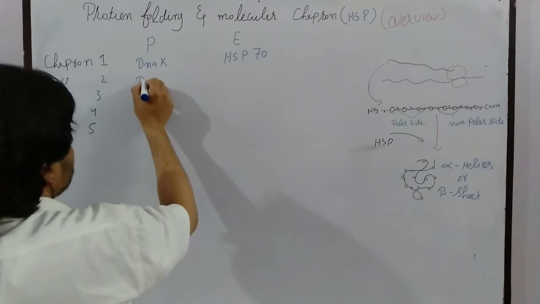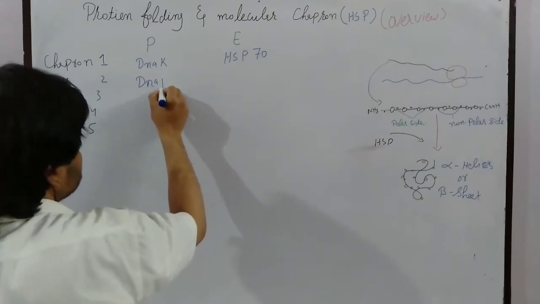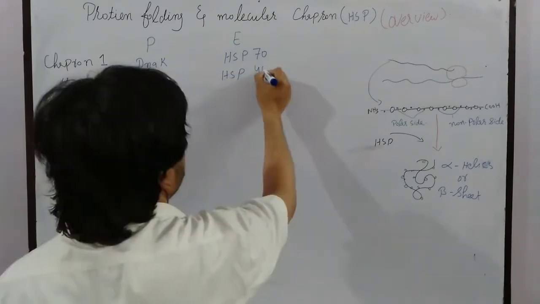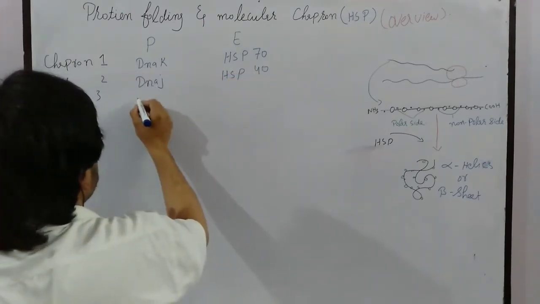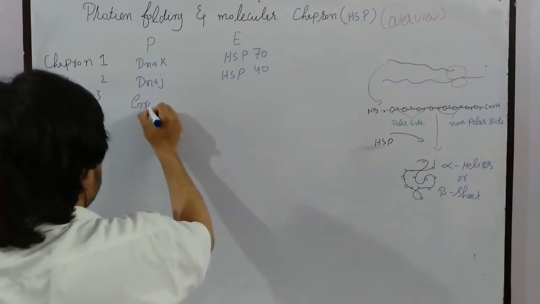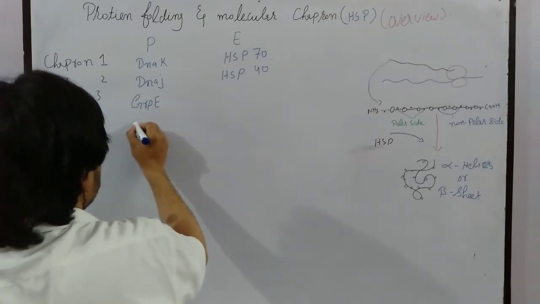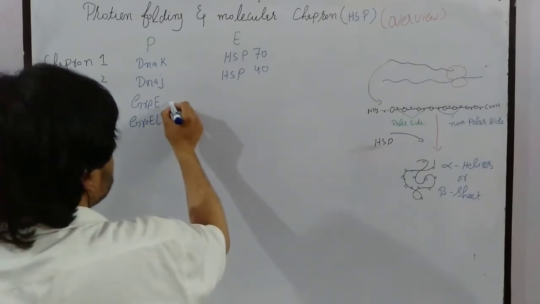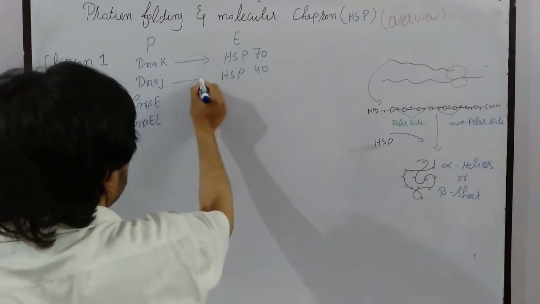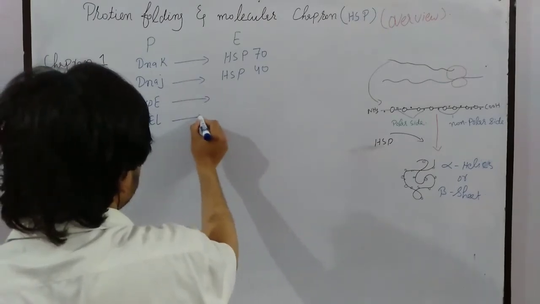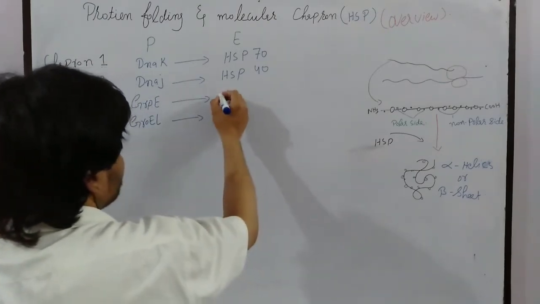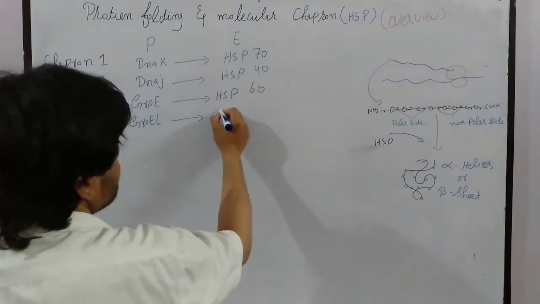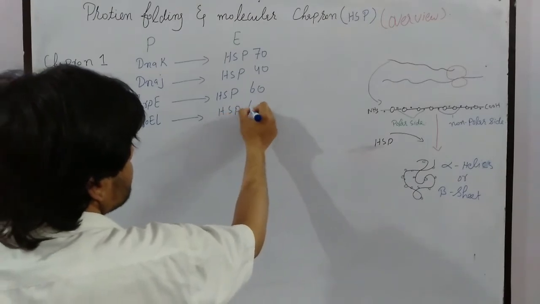And we also have DnaJ, which we call heat shock protein 40. And we also have GroEL. This GroEL is also called heat shock protein 60.